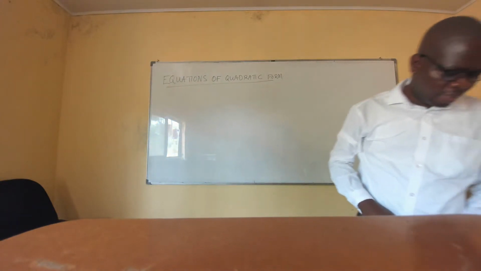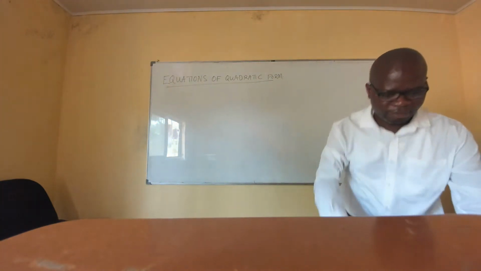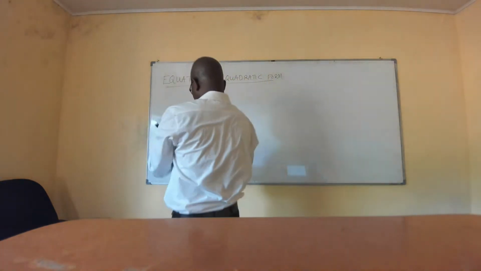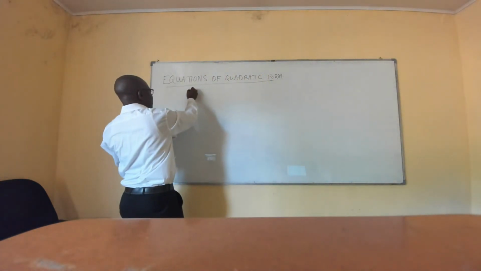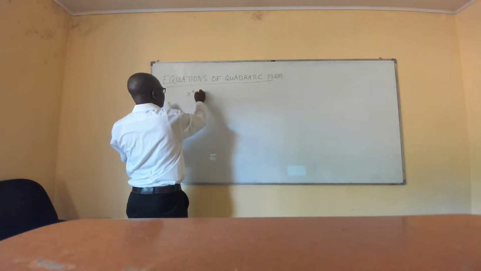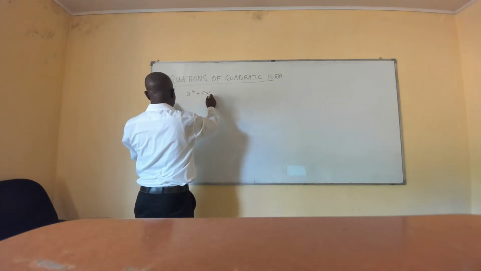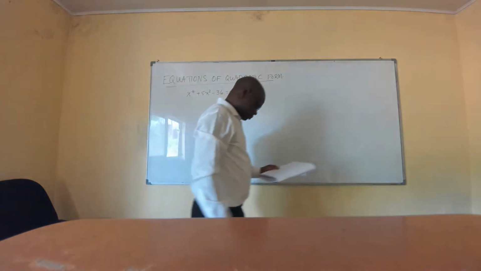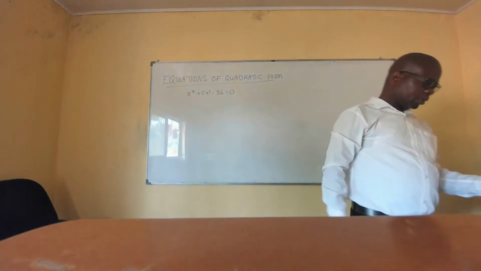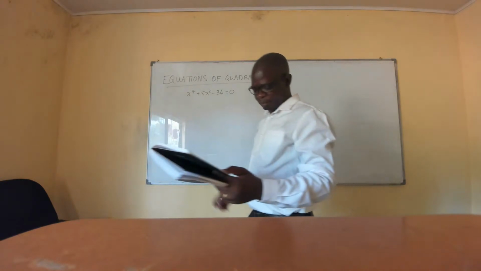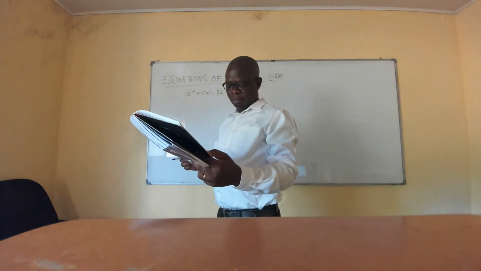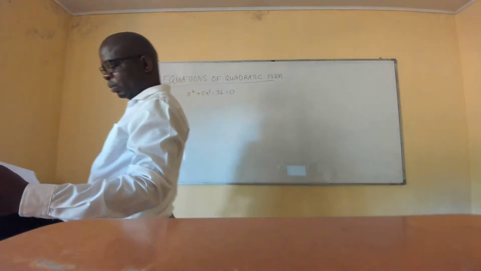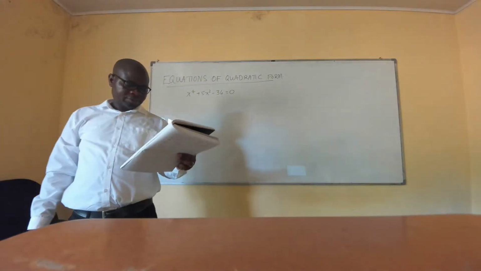So, an equation such as x to the power 4 plus 5x squared minus 36 equal to 0 is not a quadratic equation.